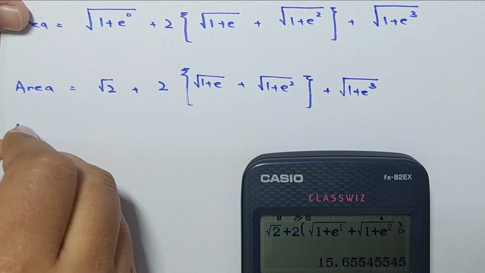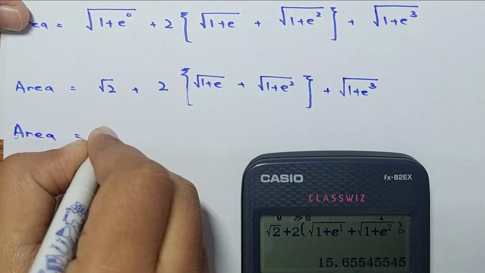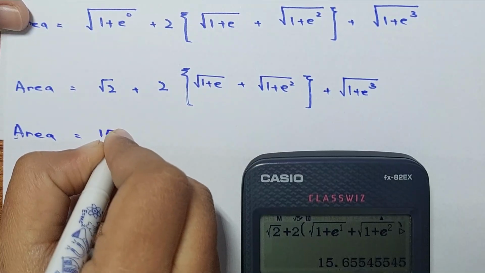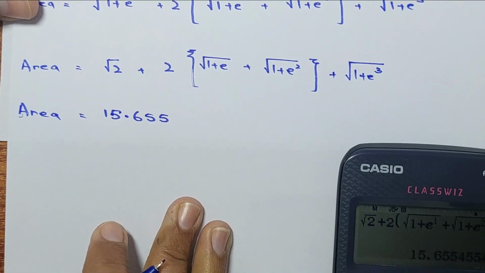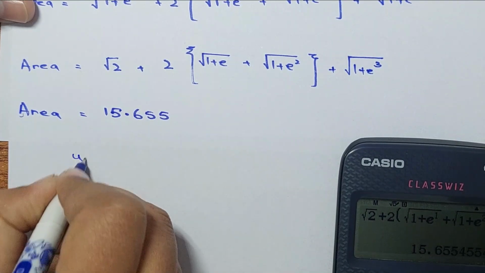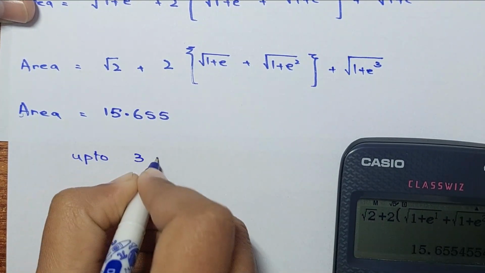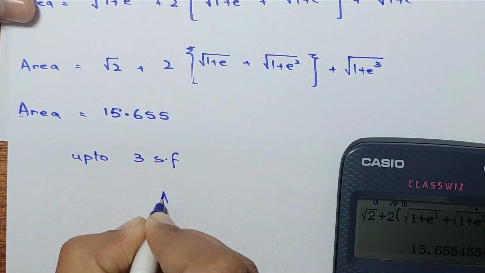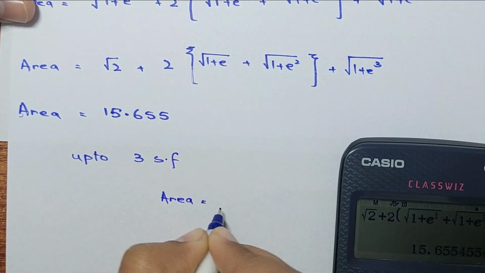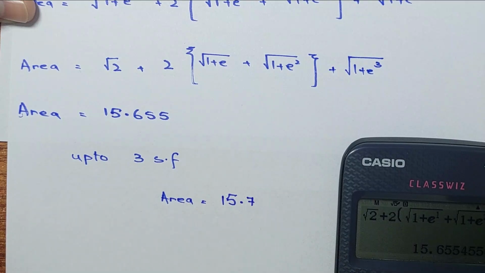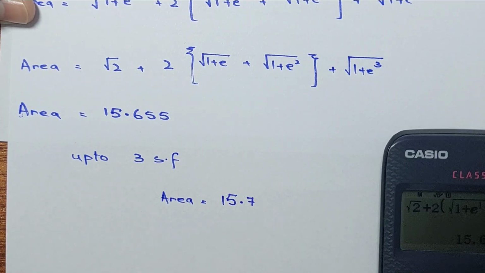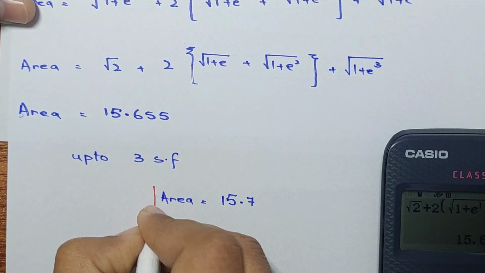So this area is 15.655. We need to solve the answer up to three significant figures, right? So up to three significant figures, the area of that shaded region is 15.7 square units, 6 rounded to 7.